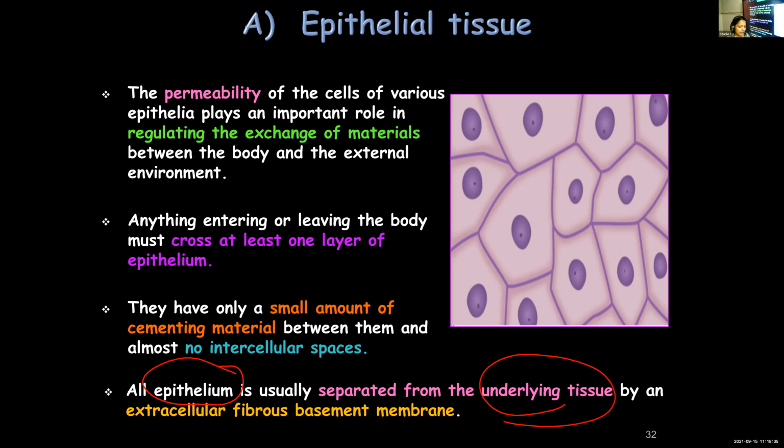An extracellular fibrous basement membrane will separate underlying tissues from epithelium, something which is lying outside the cell. Extracellular means outside the cell. Intracellular means within the cell. So lying outside the cell, in between these two, there is a fibrous basement membrane.